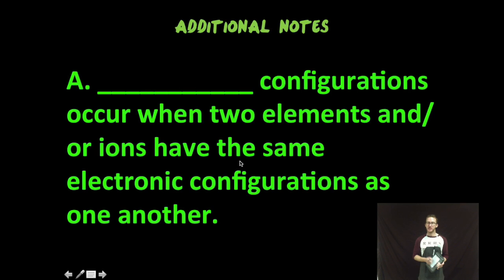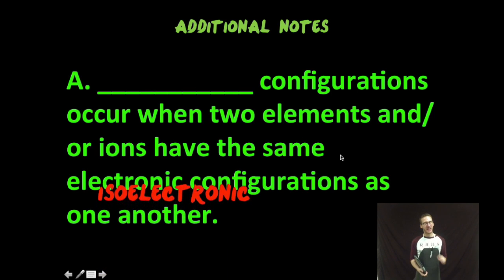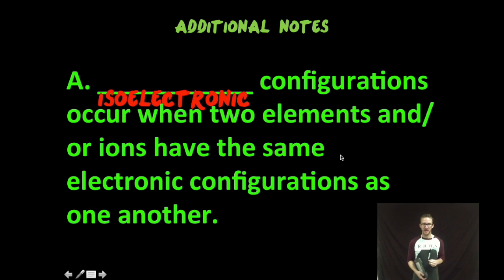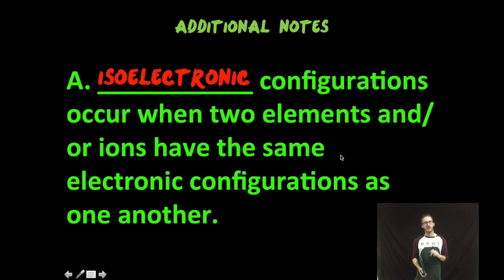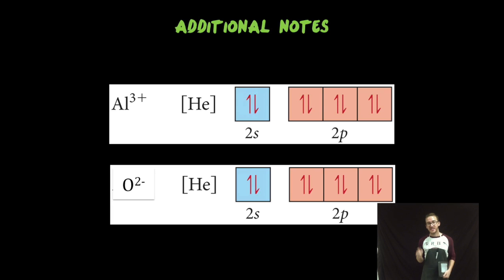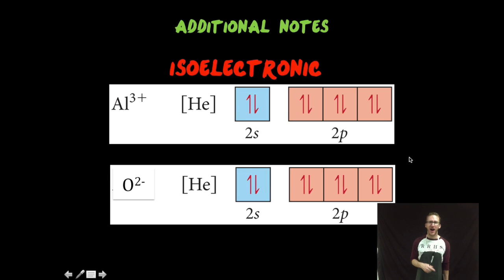Alright, if you thought you were done, I'm going to slip in some quick vocabulary words here that are going to be really important, especially when you take the AP Chemistry course. First, isoelectronic configurations. These occur when you have two elements and or ions that have the same electron configurations as one another. Take a look at the aluminum ion and the oxide ion. Both of them have identical or isoelectronic configurations.